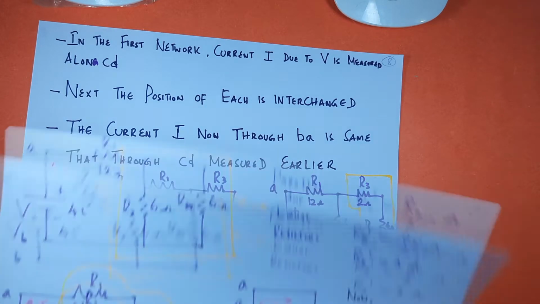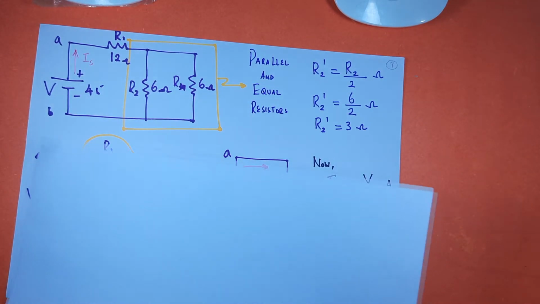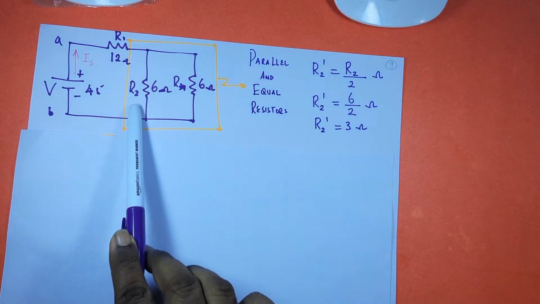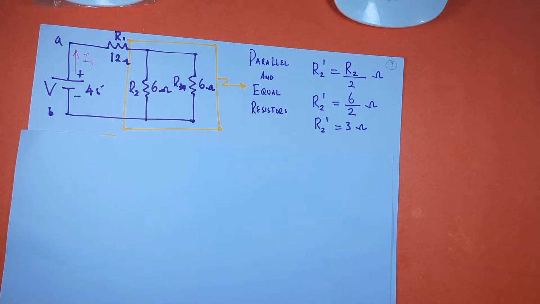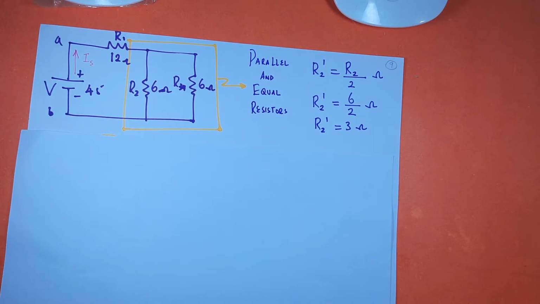So next your circuit becomes like this. So now R2 and R34, these two are connected in parallel, of course, equal resistors. So what is the equivalent? It is going to be 1/2 of the original. So I will use the notation R2 dash, which is nothing but R2 divided by 2.